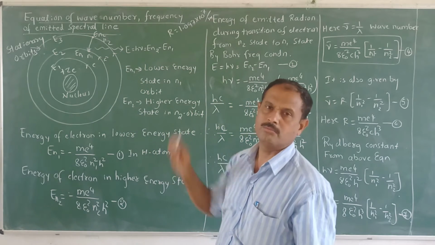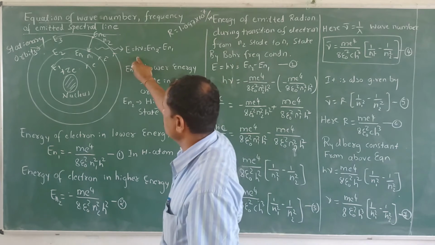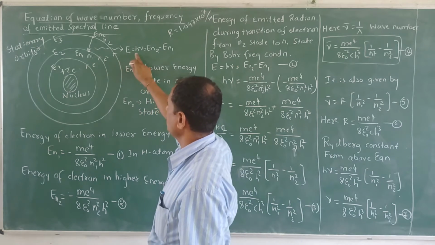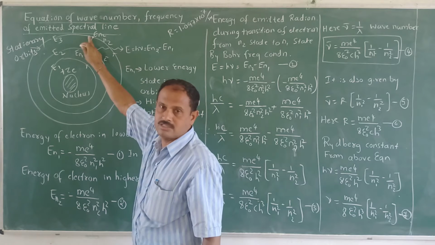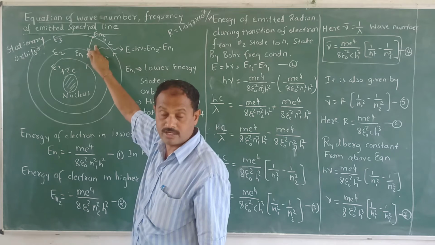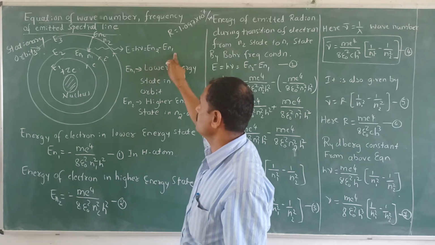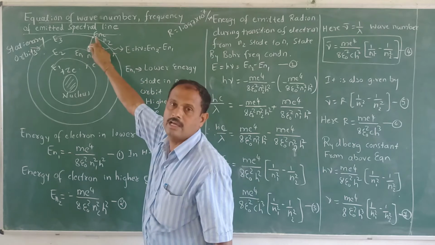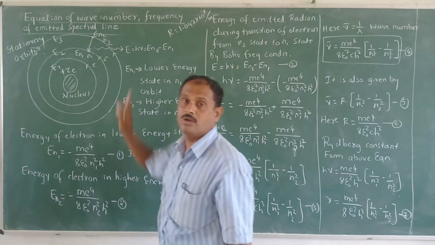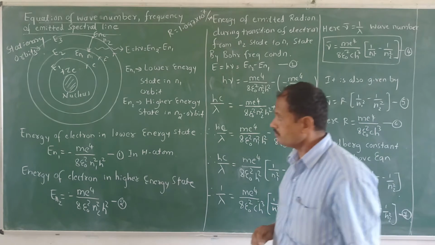This is the Bohr frequency condition. Whatever the energy emitted during the transition of the electron from the higher energy state to the lower energy state, that radiant energy is equal to the difference between the higher and lower energy states.